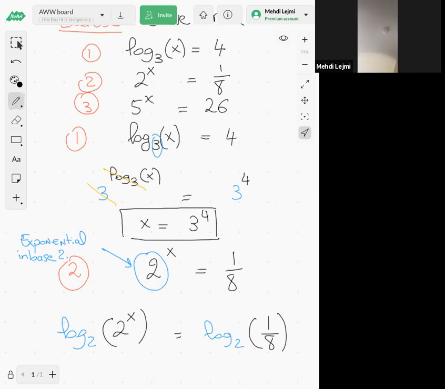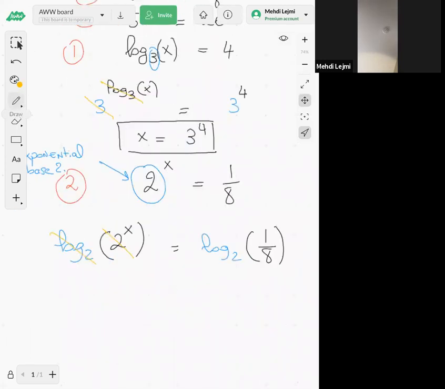Right? So you have exponential, you apply log. Now, the log and exponential cancel out. This log here in base 2 and this exponential in base 2 cancel out. So it's just x on the left side, and that's equal to the log in base 2 of 1/8.